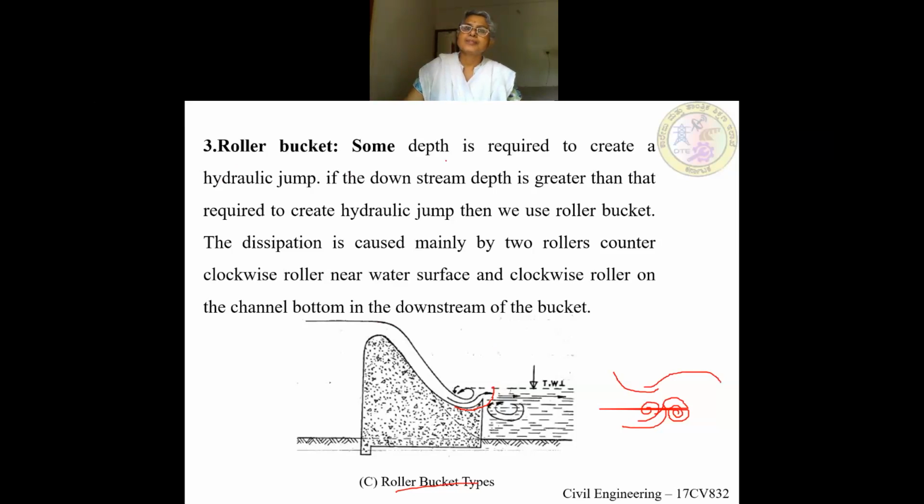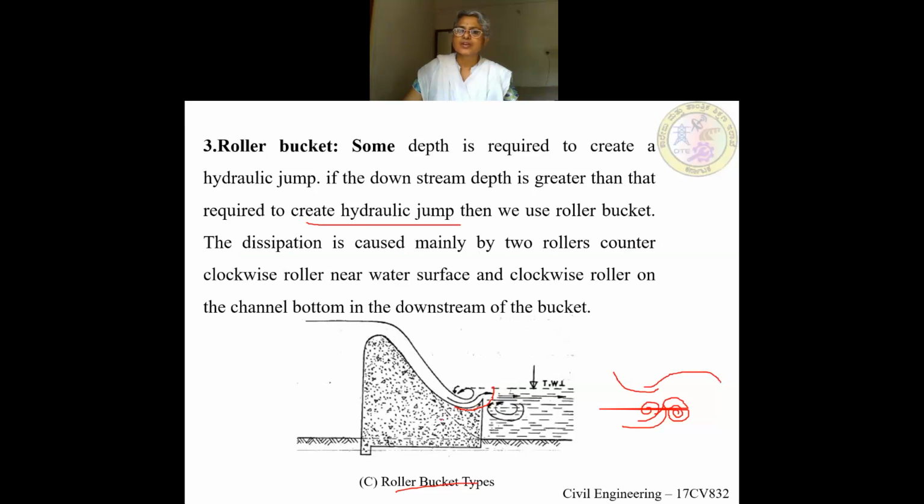So some depth is required to create a hydraulic jump. If the downstream depth is greater than required to create a hydraulic jump, then we go in for a roller bucket, because we cannot create a hydraulic jump when the depth is more. Therefore, we go in for a roller bucket, and the dissipation is caused mainly by two rollers.